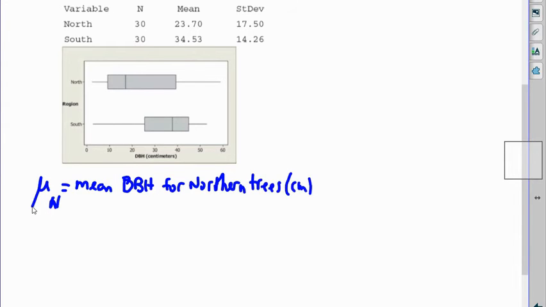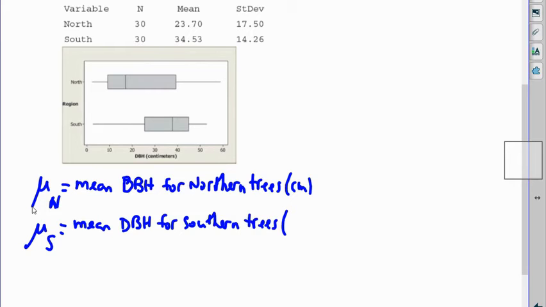It's very important to have units when you're talking about means. Mu sub S will be the mean DBH for southern trees, and that's going to be in centimeters.